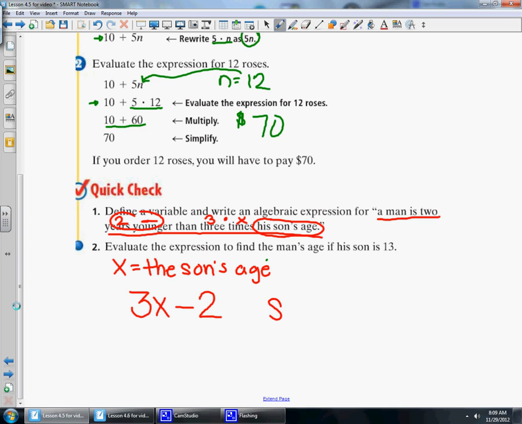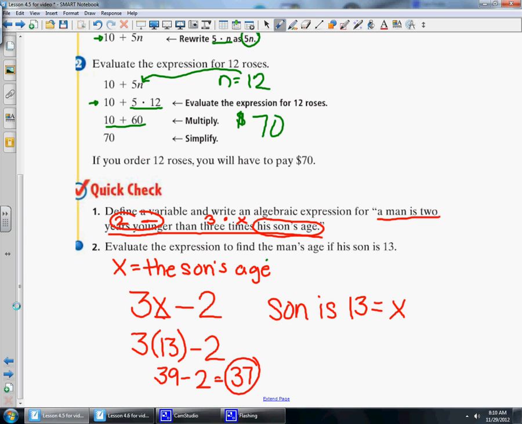So if the son is 13, that is going to be x. We replace x with 13. So we have 3 times 13 minus 2. 3 times 13 is 39, and 39 minus 2 is 37. So that means that the dad is 37 years old.